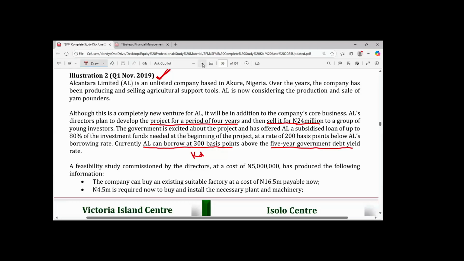Then let's move on. Let me stop sharing this and move to the working note quickly. So the name of the company is Alcantara.